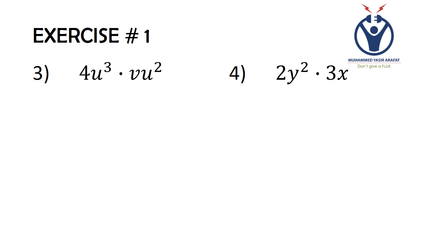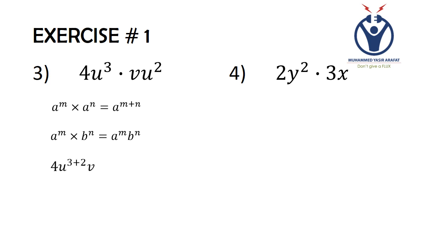In the next question, you will see 2 power 4 u power 3 dot v u square. Here 4 gets multiplied by 1, the coefficient of the second term, and u gets multiplied by u with the addition of the powers, and v will be written as itself. So here we will apply two conditions.